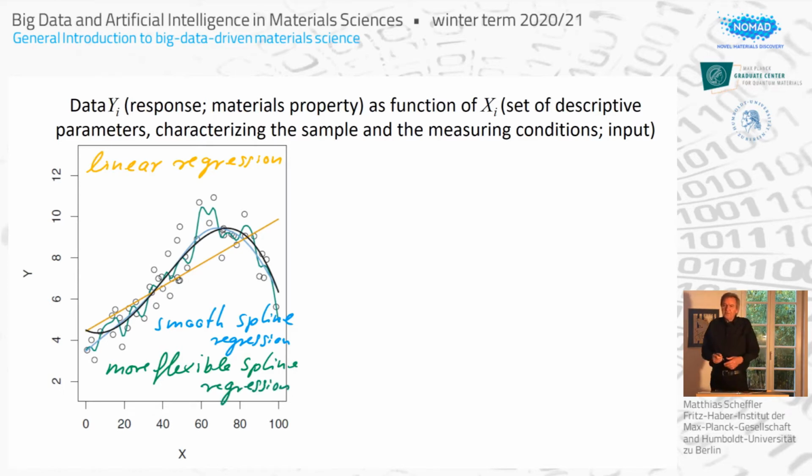If you look at the data, forget for a moment again that you don't know the black curve, right? You only have the data points and you want to fit them as good as possible. If you just would naively say, I want to fit them as good as possible, the conclusion would be that the green curve looks to be the best fit.